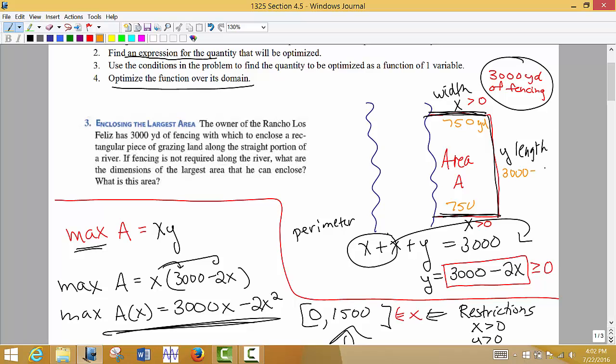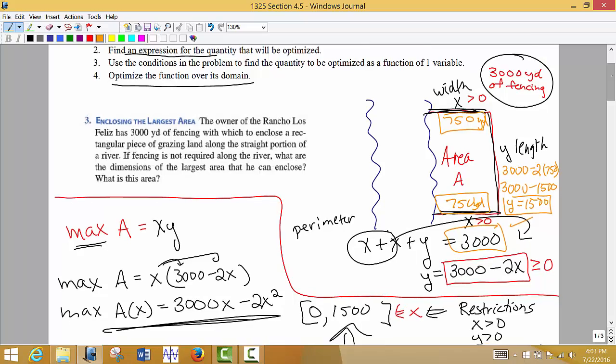That would be 3000 minus 2 times 750. That's 3000 minus 1500, which gives me that y is equal to 1500. Let's test this out. If I add 1500 plus 750 yards plus 750 yards, that equals 3000. So it all makes sense and adds up to give us the optimization solution that we want.